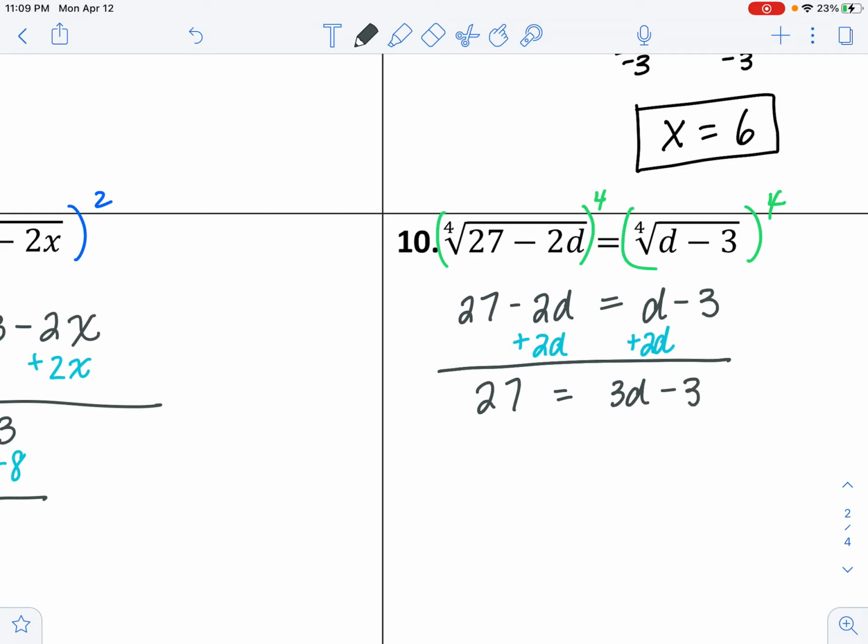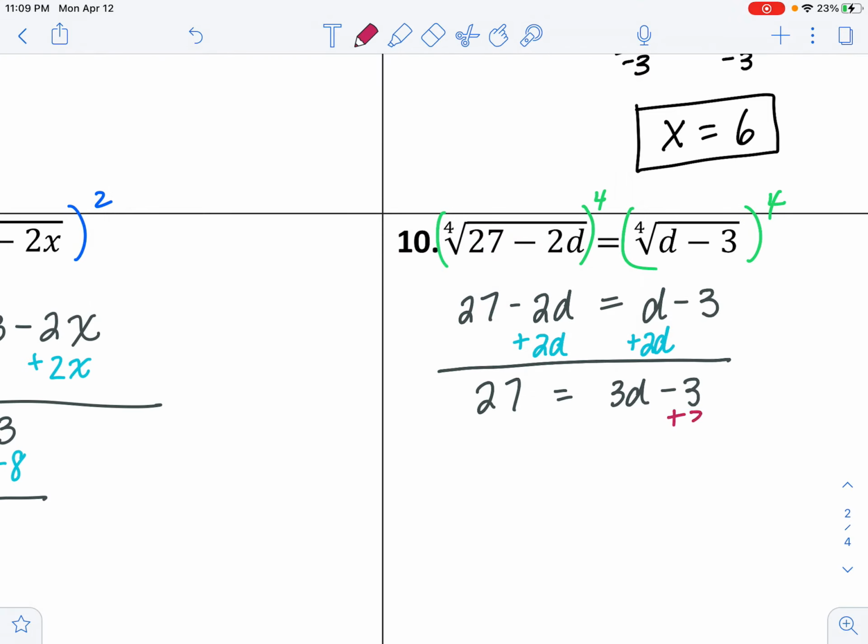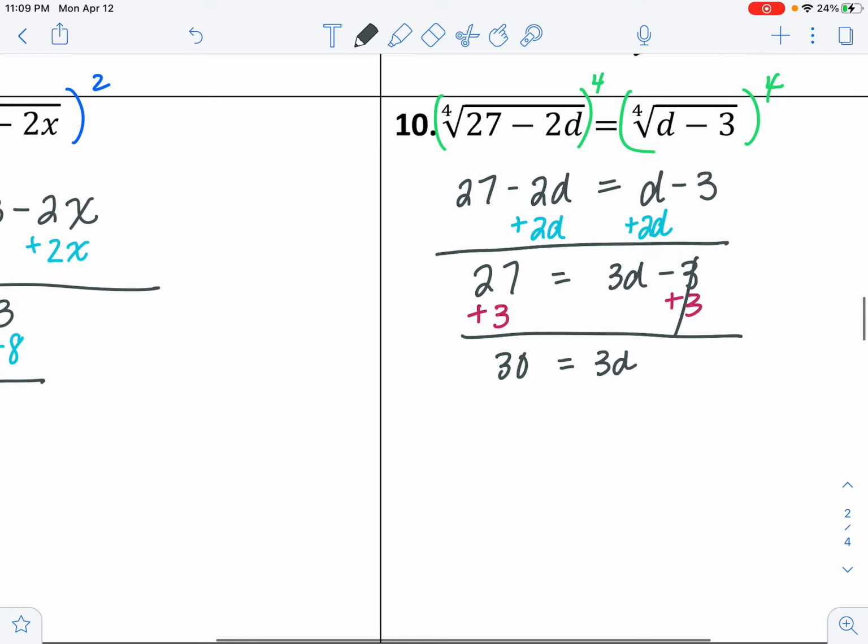Then, since I put my variables on the right side of my equation, I want to put my numbers on the left. So I'm going to add 3 to both sides of the equation to get 30 equals 3d. Then to get d, I'm just going to divide both sides by 3. We'll get d equals 10.